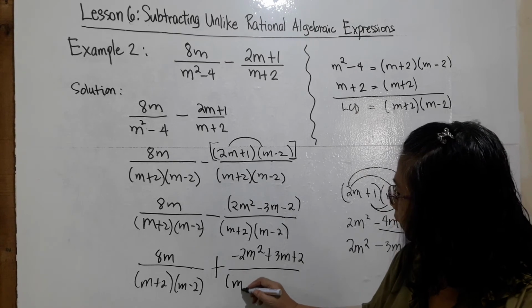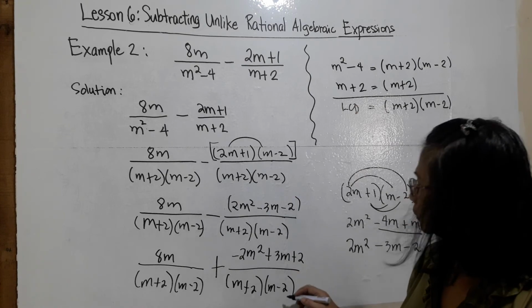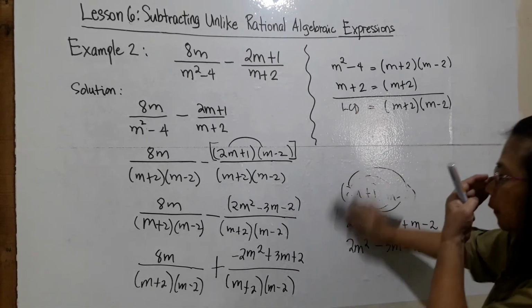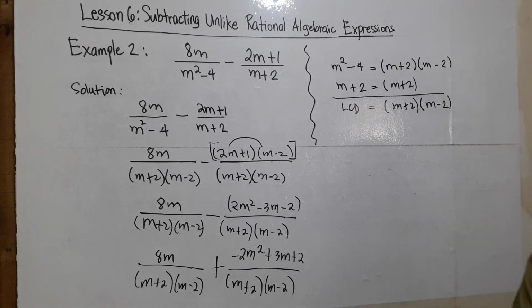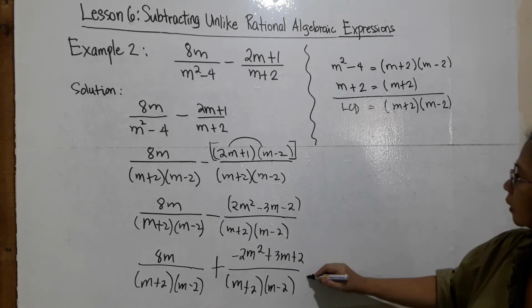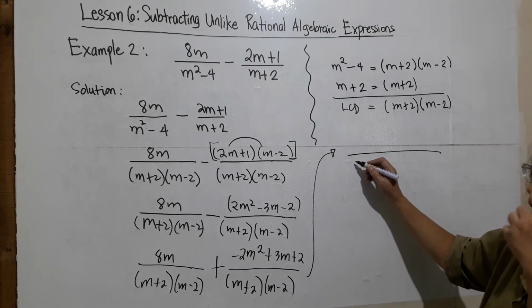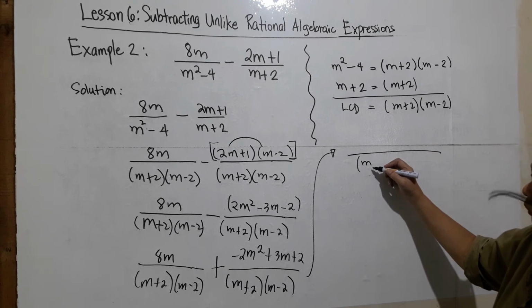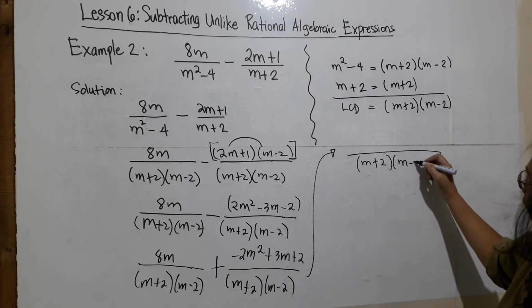Then we copy the denominator m plus 2 times m minus 2. We can still go further because it's not yet the final difference. We can copy that as 1, writing the denominator, the LCD, once for both minuend and subtrahend. Plus 2, we have m minus 2.